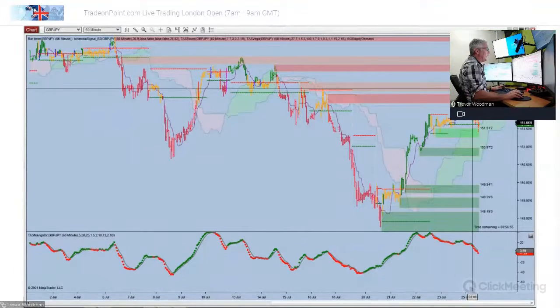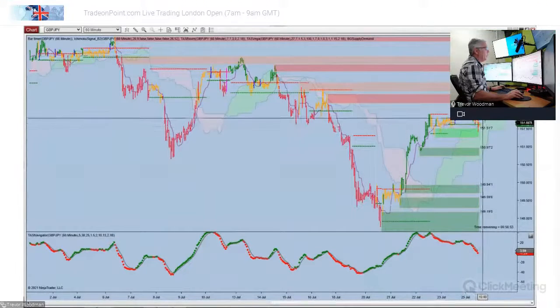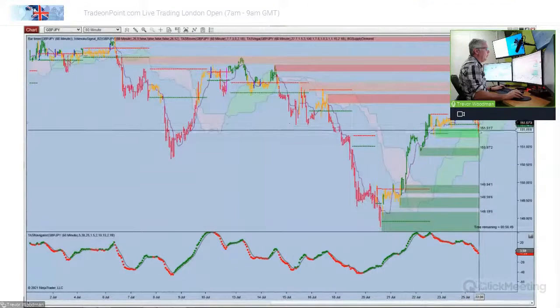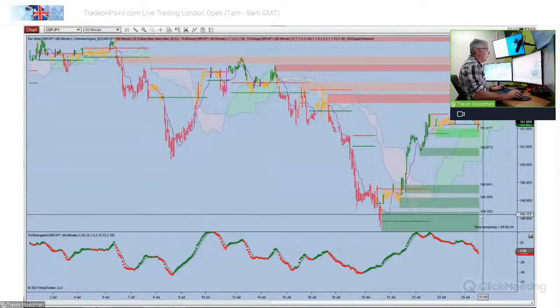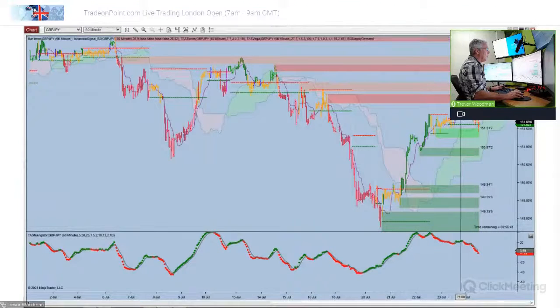Now we're getting rejected over here. We've had a break below the Taz box. As long as we stay below this high value area here, we should sell off, and then we can either go down or at least retest this low.